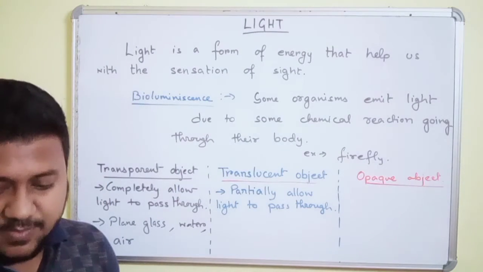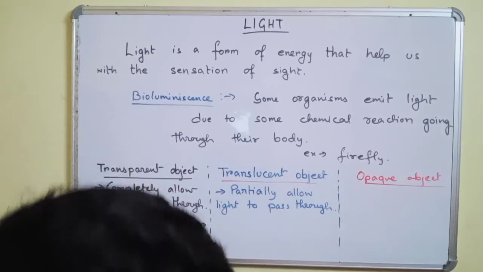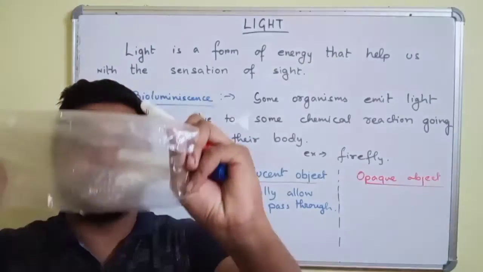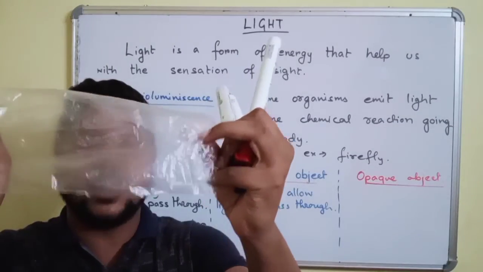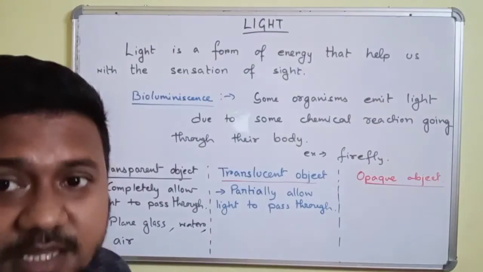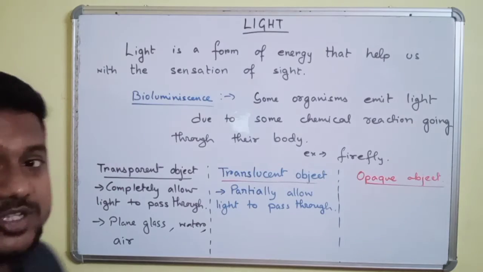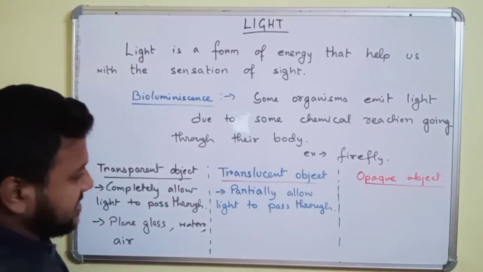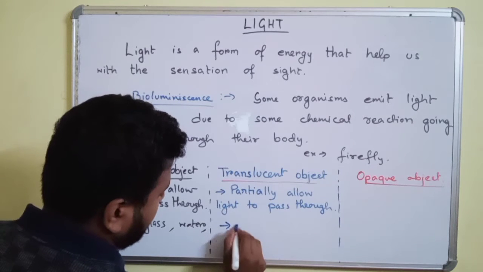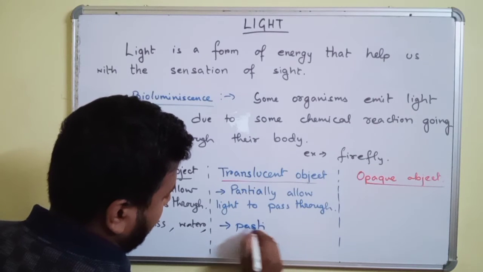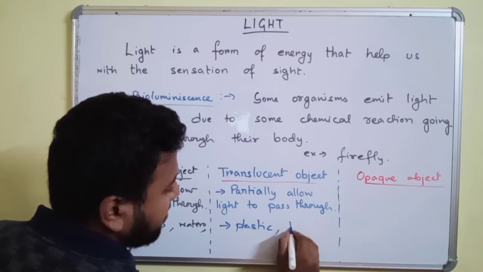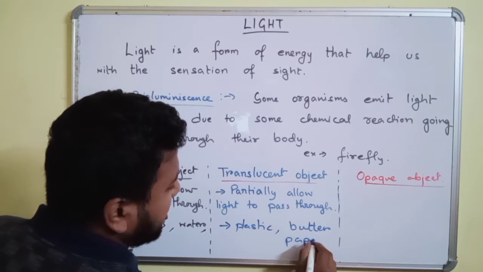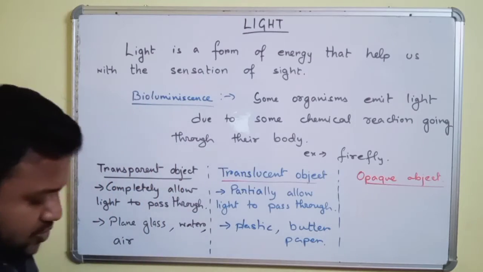When you take a plastic, you cannot see me very clearly, right? But you can see something is there behind. Plastic is a translucent object that partially allows light to pass through. Plastic and butter paper all partially allow light to pass through.